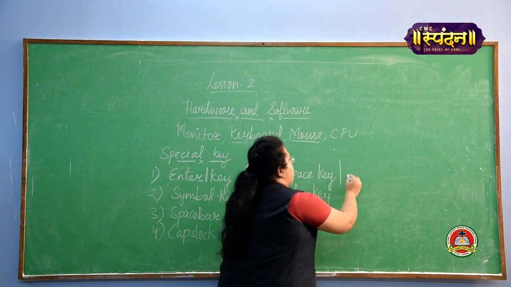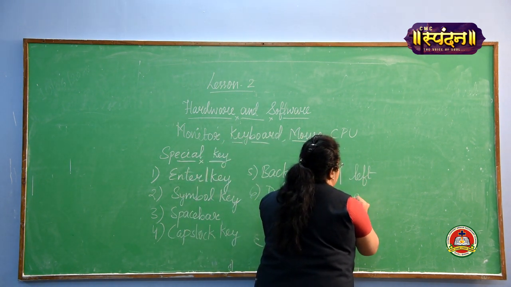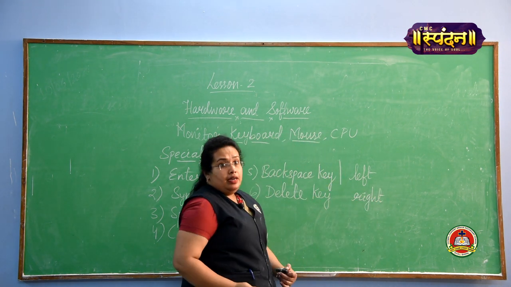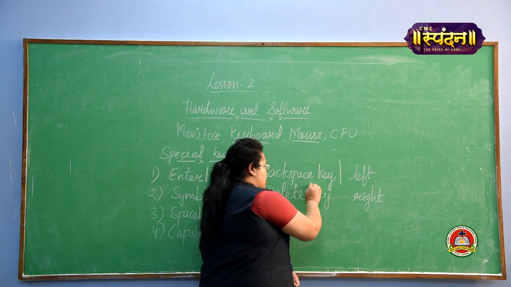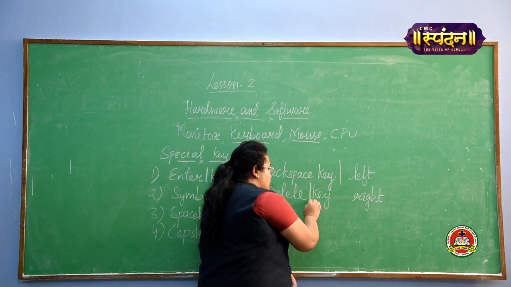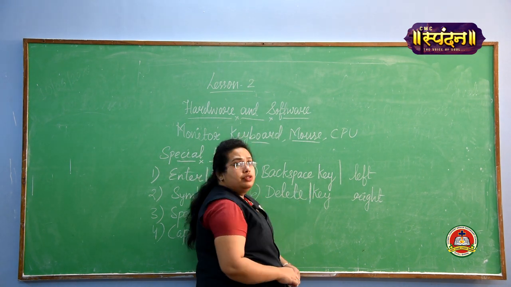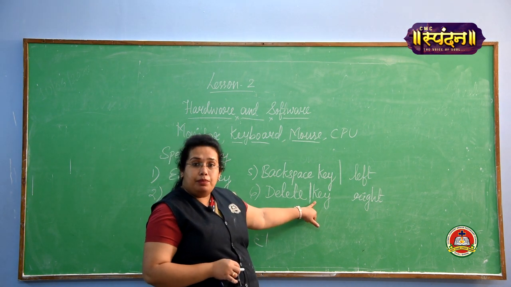Backspace key deletes from the left, and this will delete from the right side of the cursor. Right side of the cursor means if my cursor is present on this place, in front of K, and I want to delete this letter K, then I will press the delete key.